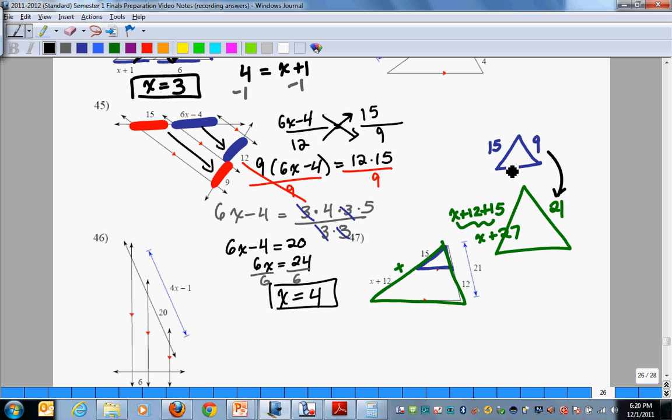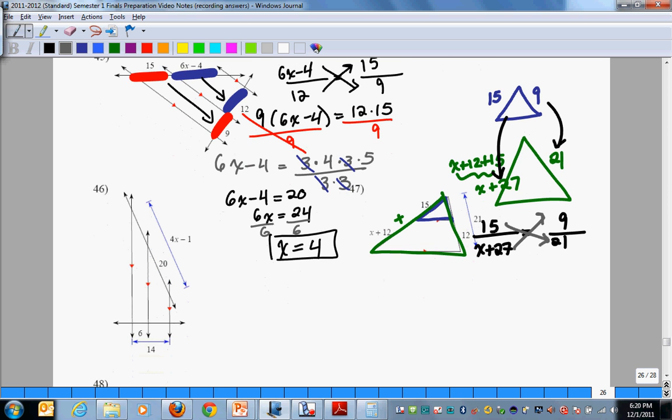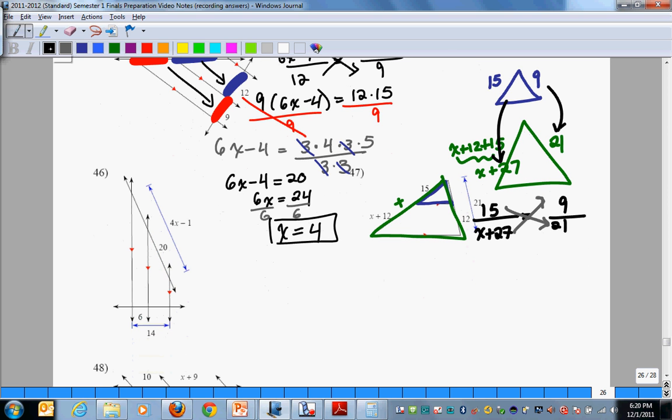Now we're going to, once again, match up our sides. I'm going to have 15 over x plus 27 equals 9 over 21. Cross multiply. We have 15 times 21 equals 9 parentheses x plus 27.